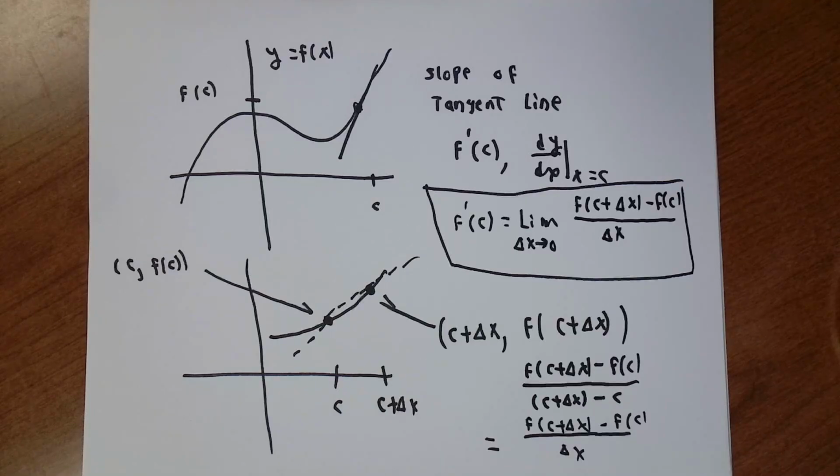I can't emphasize strongly enough, though, that when we take that limit, that doesn't mean generically set delta x equal to 0, because if you do that, you'll end up trying to calculate 0 divided by 0, which doesn't tell you anything.